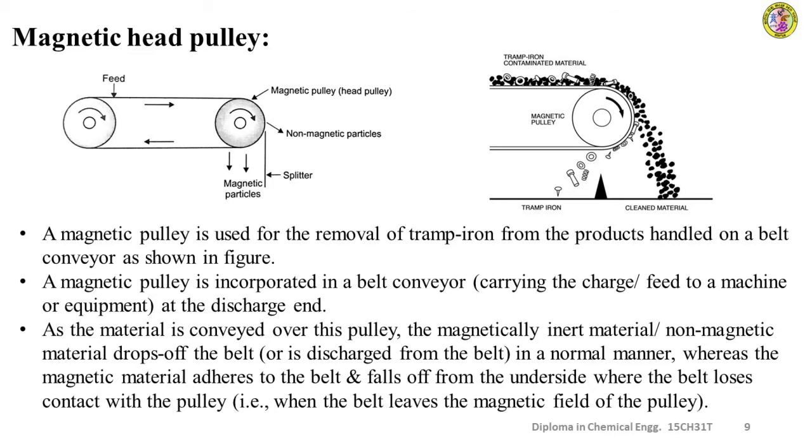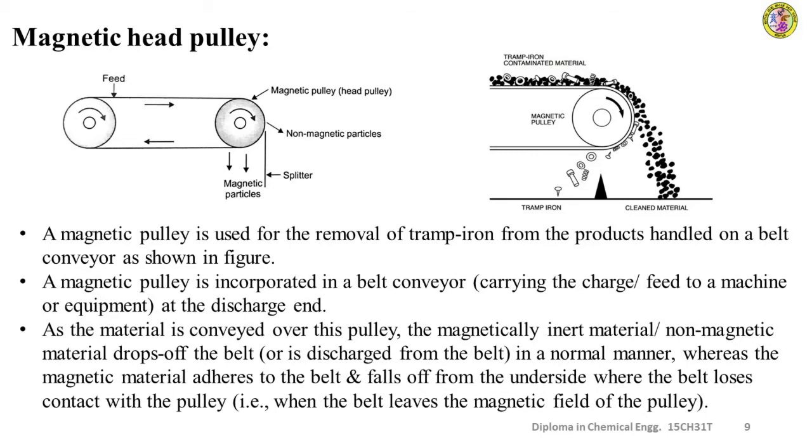While the materials which are magnetic in nature are not that easily detached from the belt because they are attracted by the magnetic field present there, they will be carried till the bottom of the pulley. When the particles lose contact with the magnetic field, they will fall down at the bottom of the pulley.